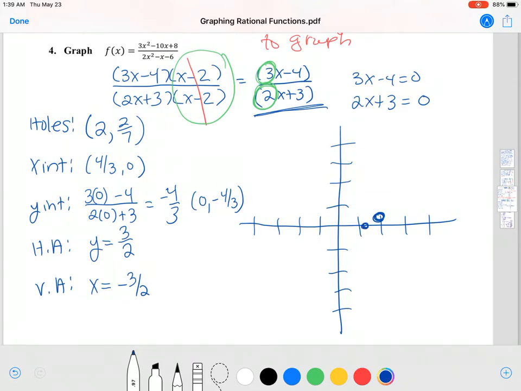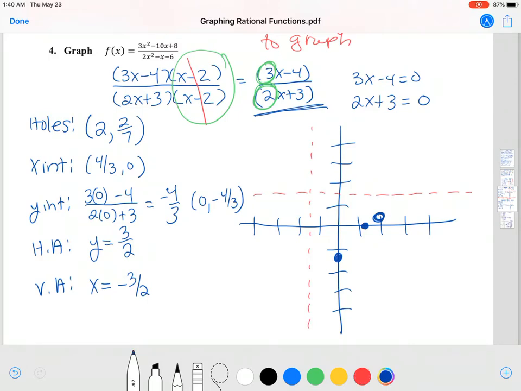So it's going to be about right here. I have a y-intercept at -4/3, which is -1 1/3, so about right here. I have a horizontal asymptote at 3/2, which is 1 1/2. And I have a vertical asymptote at -3/2, which is -1 1/2.